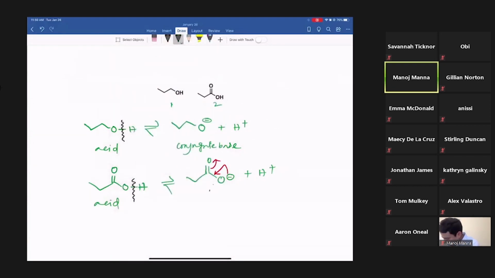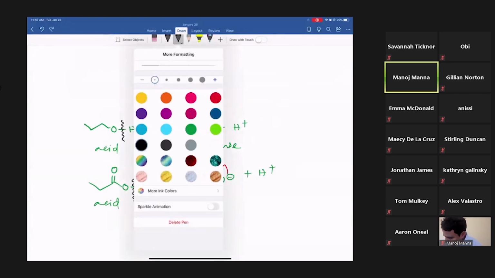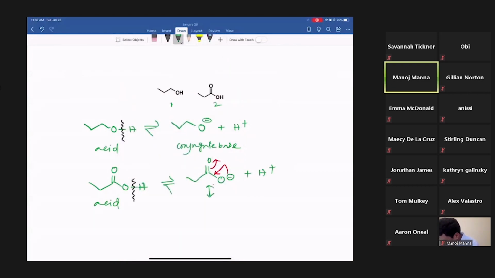We have the resonance arrow, and we have 1, 2, double bond O, O minus, double bond O. So in this case we have two resonance structures, 1 and 2. If you have more resonance structures, that particular structure is more stable.